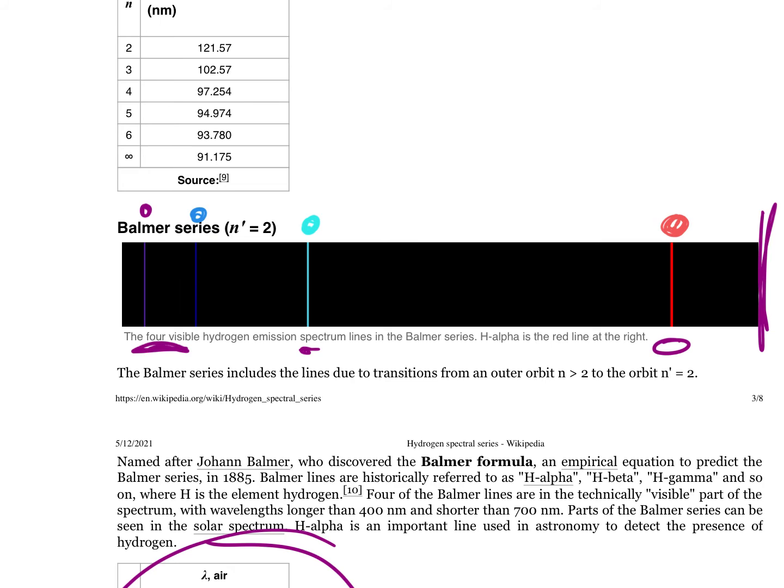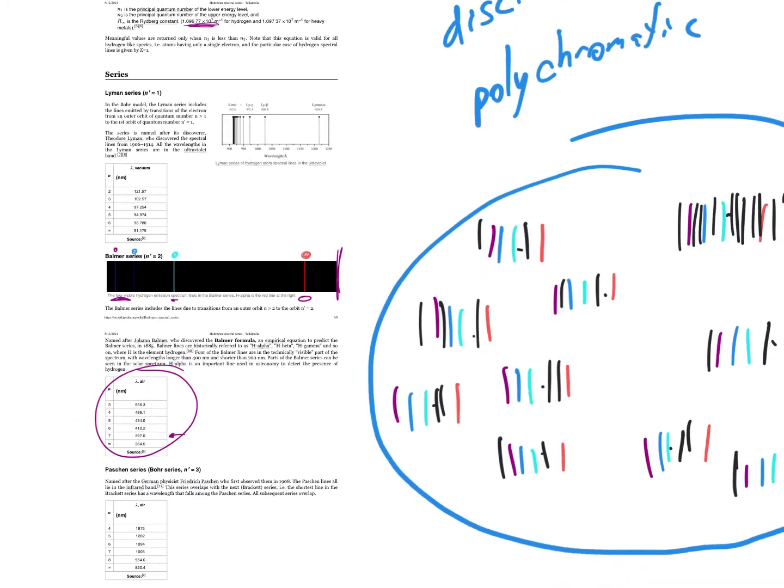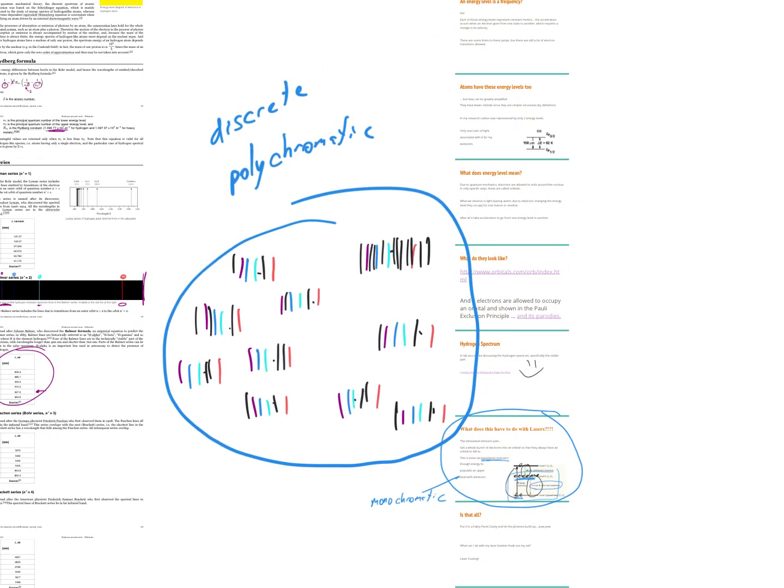The light is separated. That's what it means by discrete here. Atoms and molecules are really good at sending out discrete polychromatic sources. And if you finagle with them, you can make it so they just send out one color instead.